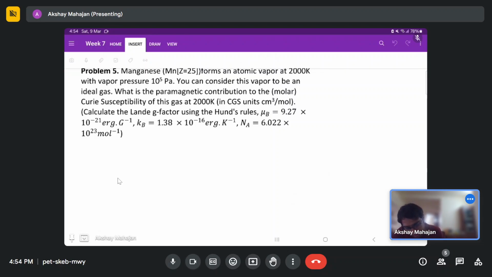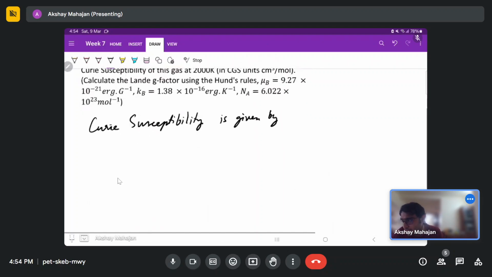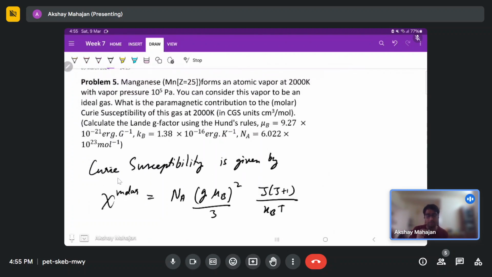So for this problem, we know that the Curie susceptibility in this case is given by chi molar, which equals Avogadro's number, because it is molar, which is the number of electrons per mole, multiplied by g mu B squared times J into J plus 1 by 3 kB T. This is for the paramagnetic case, so this is from the lecture itself.